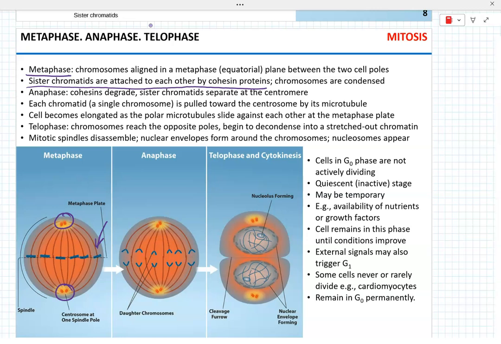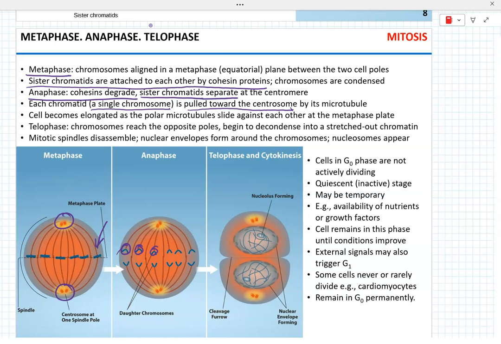But during anaphase, cohesins that hold two sister chromatids at the centromere degrade. So sister chromatids can separate. At this point, each chromatid earns the status of a single chromosome, and it is pulled towards the centrosome, towards the cell pole, by its specific microtubule.